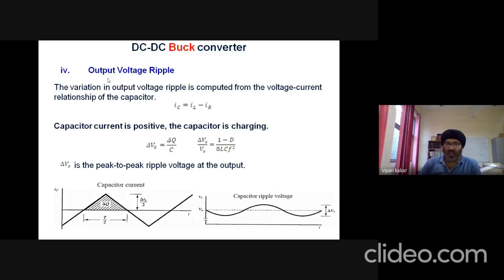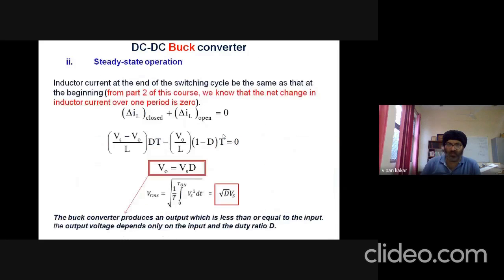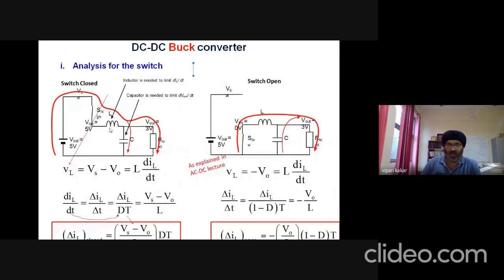So the capacitor current must be equal to the difference between these two currents, inductor and resistance current, due to the current division rule, or KCL over here. So the capacitor current has to be the difference between the inductor current and this one over here.